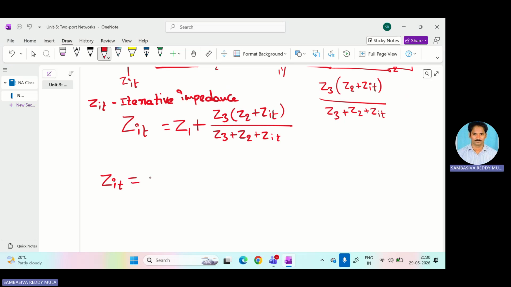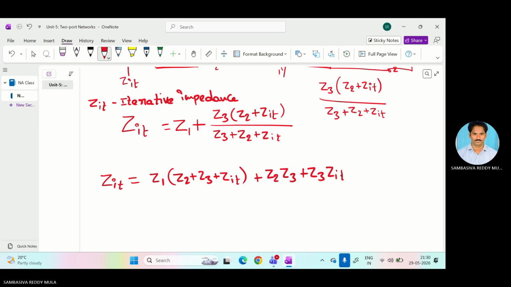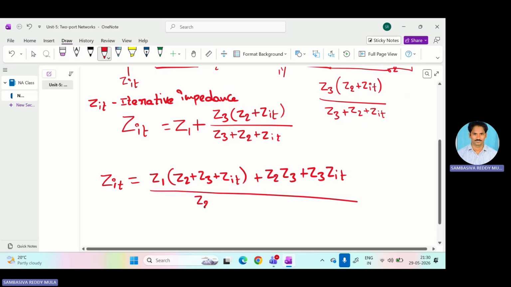So this ZIT is equal to Z1 into, I am writing it as Z2 plus Z3 plus ZIT for convenience, plus Z2 Z3 plus Z3 ZIT. So here the LCM is Z2 plus Z3 plus ZIT.